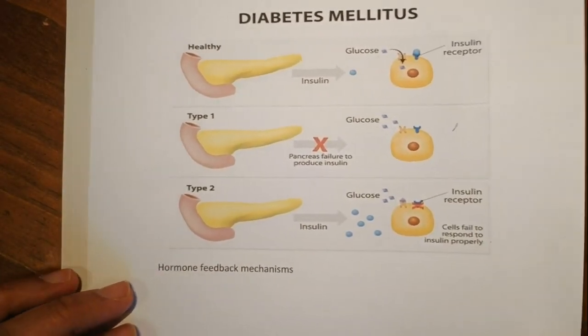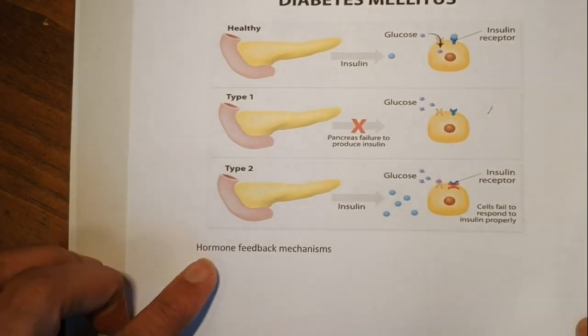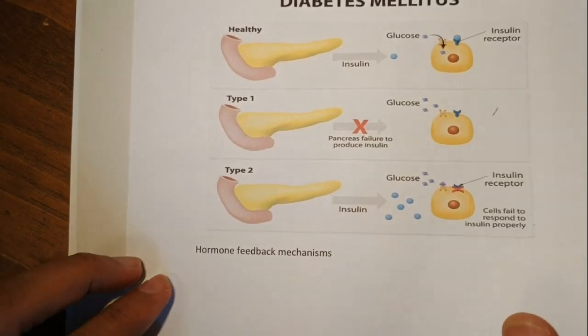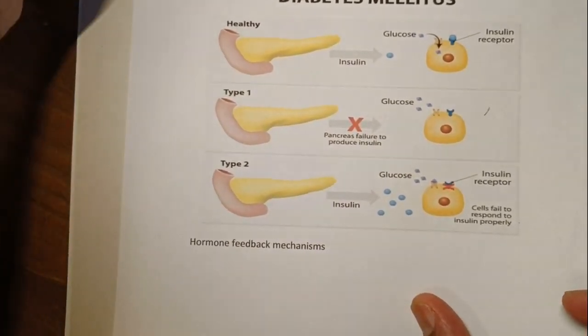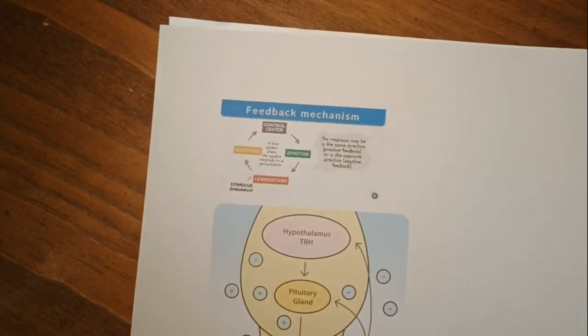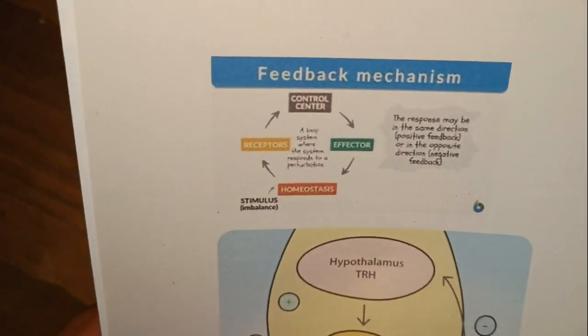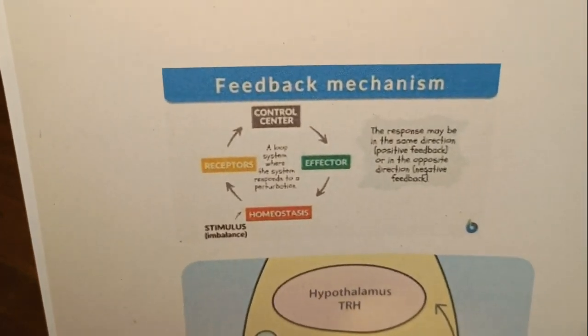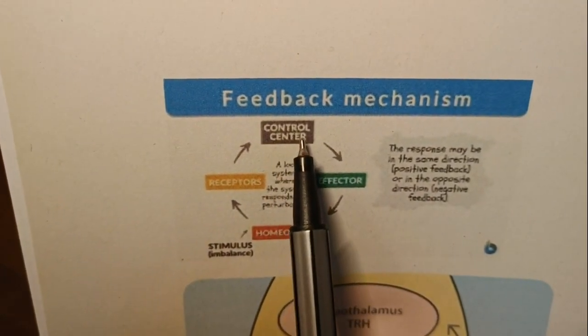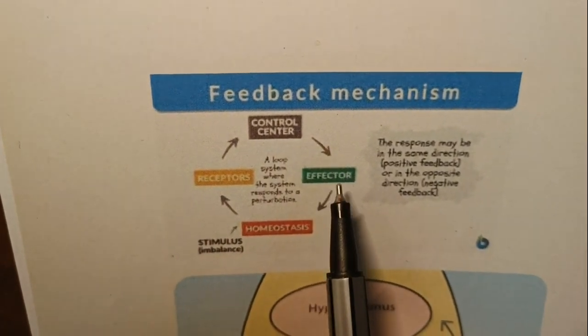Now the last part of this talk is the hormone feedback mechanism. How is hormone secretion controlled by the body? So what is the feedback mechanism? It is explained in this diagram. Now have a look at this diagram.